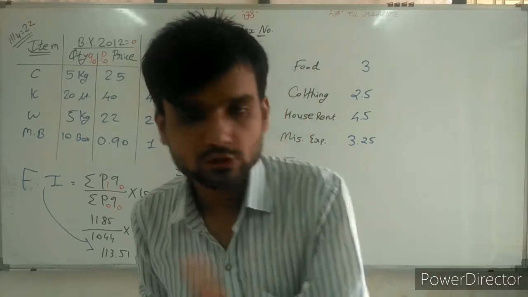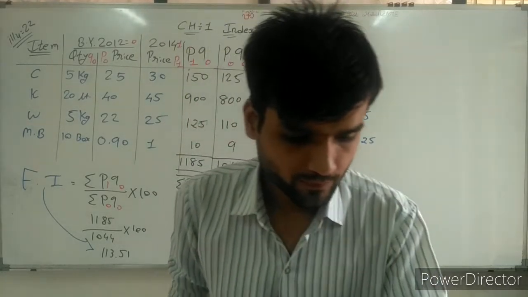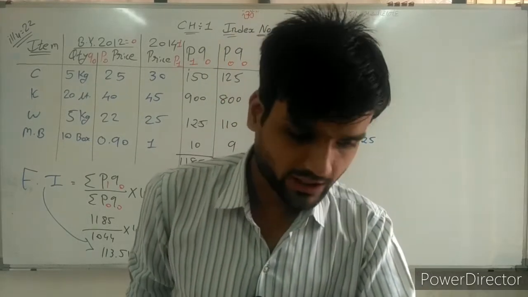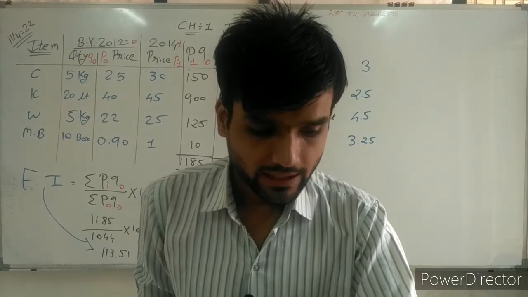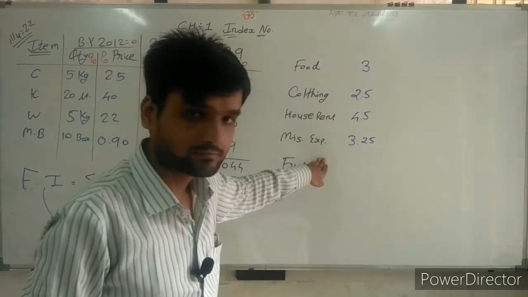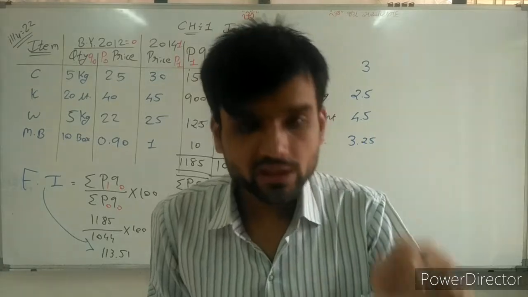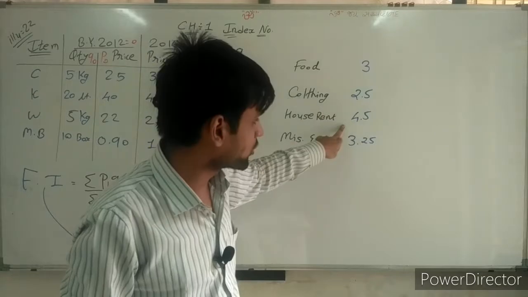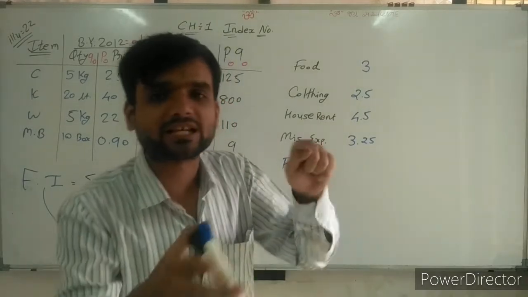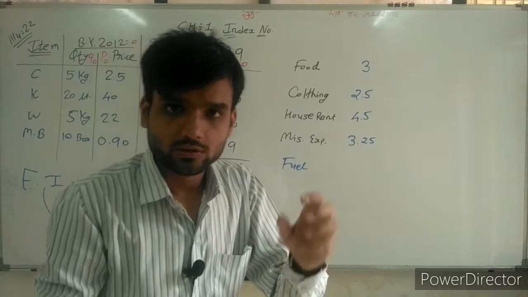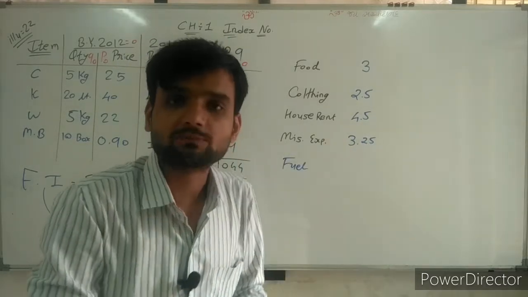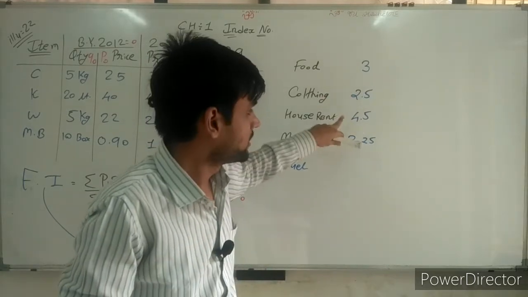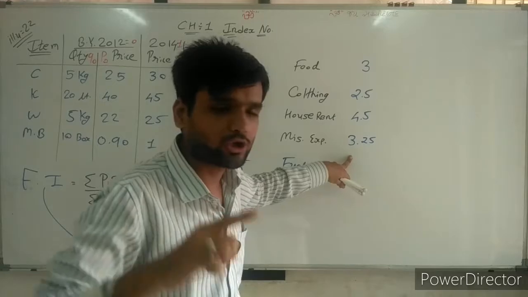So again I am reading the whole sentence. Try to understand. If the expenditure for food, clothing, house rent and miscellaneous group in the year 2015 are 3, 2.5, 4.5, 3.25 times respectively. Now 3 times, 2.5 times, 4.5 times, 3.25 times.